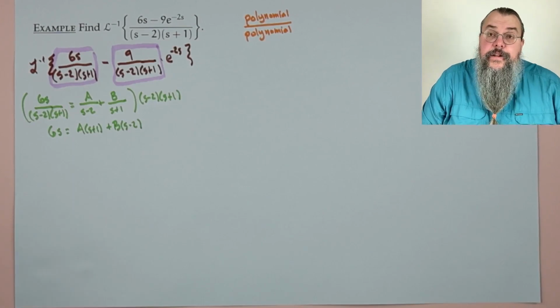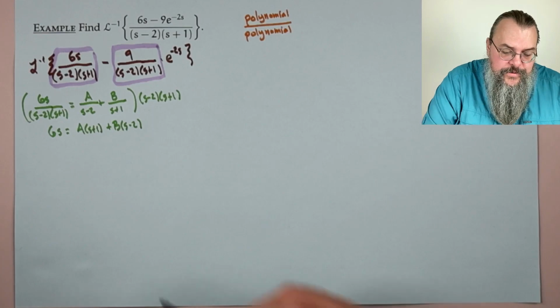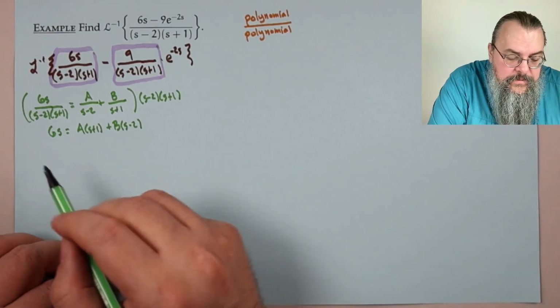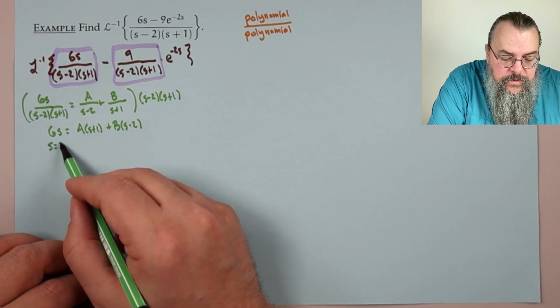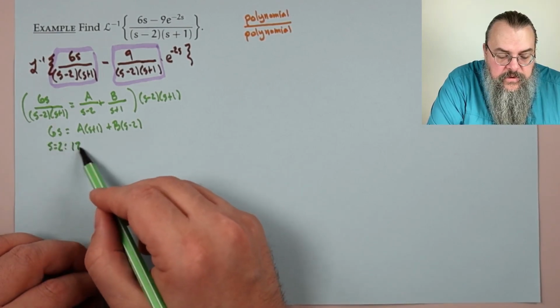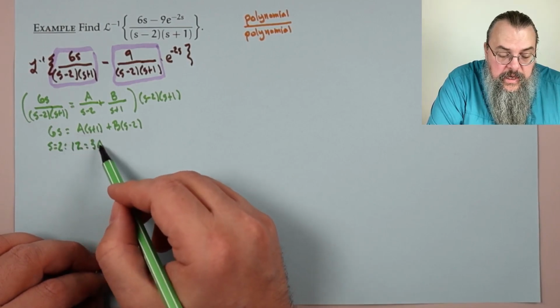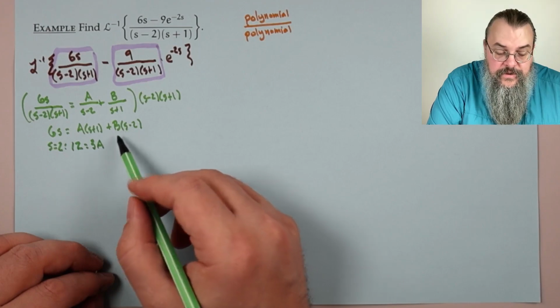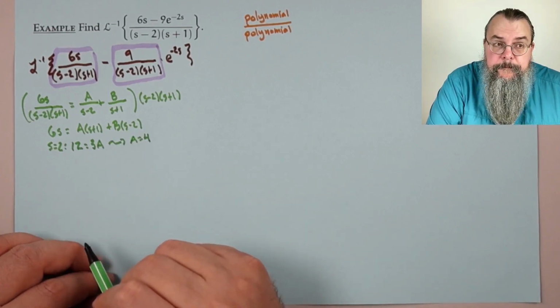And I like to make good choices. I think that's a great way to approach math, a great way to approach life. Suppose we choose s equals 2. Then we get 6 times 2 is 12, equals A times 3, 3A, and B times 0. So A is 4.